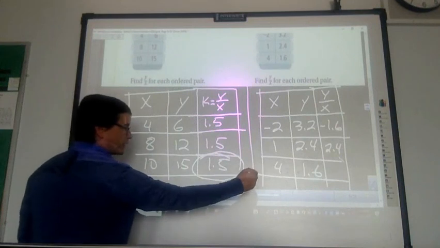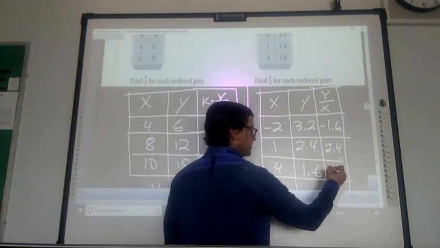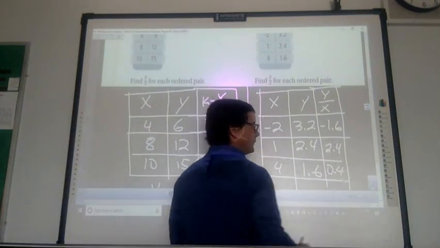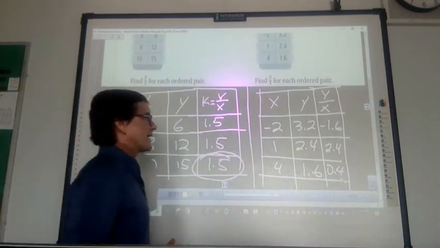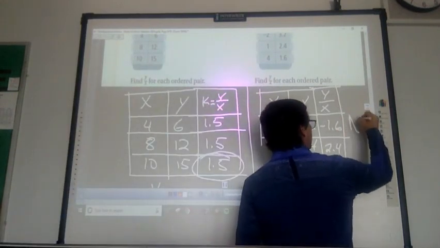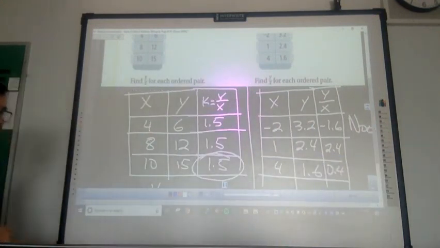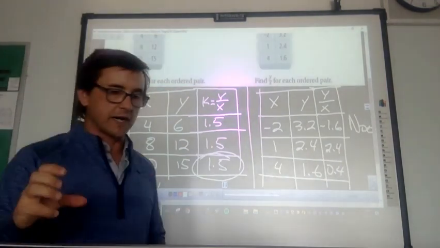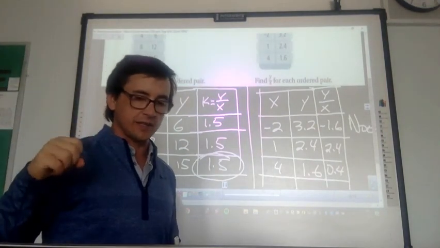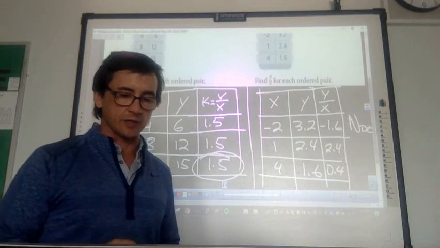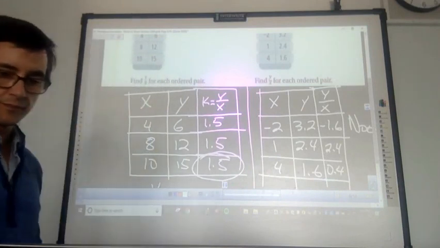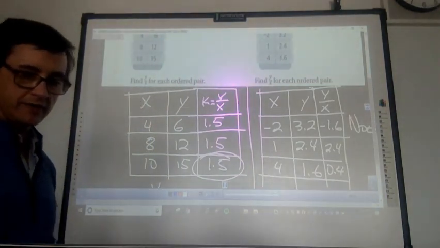So I'm going to do 1.6 divided by 4, which is 0.4. So this is not a direct variation. So add that third column, y over x. If you get the same number, it is. If you get different numbers, it is not a direct variation. Any questions on that one?